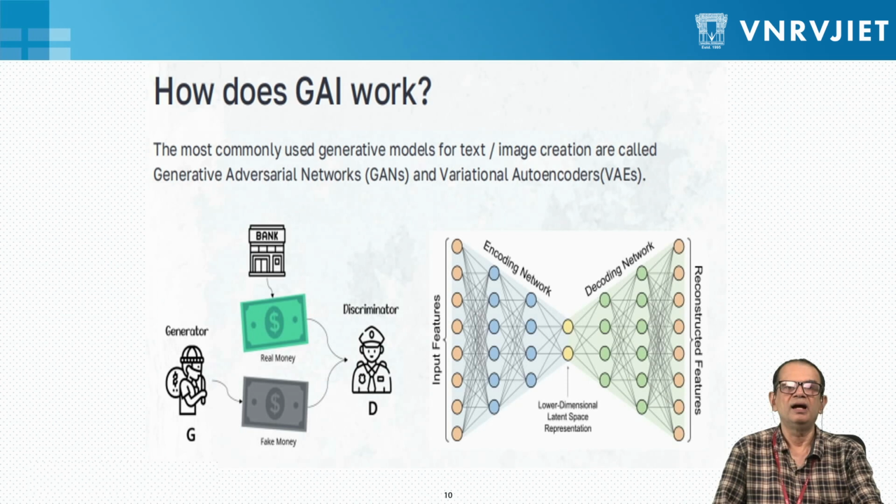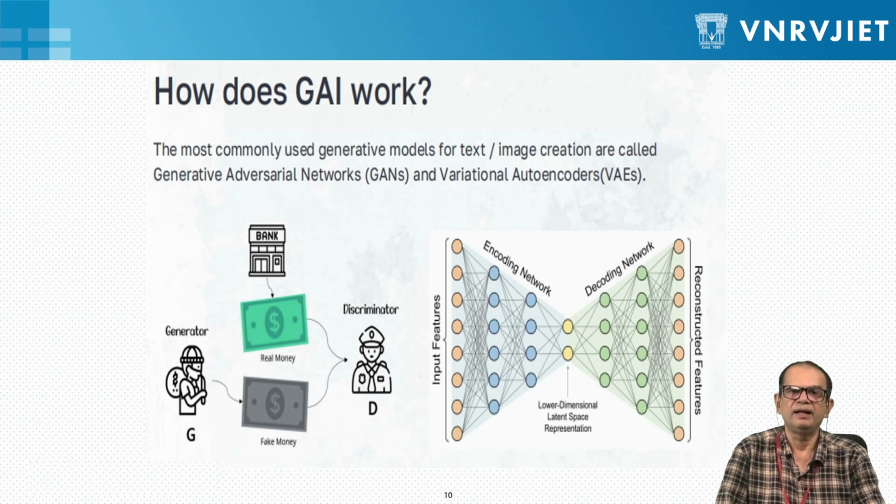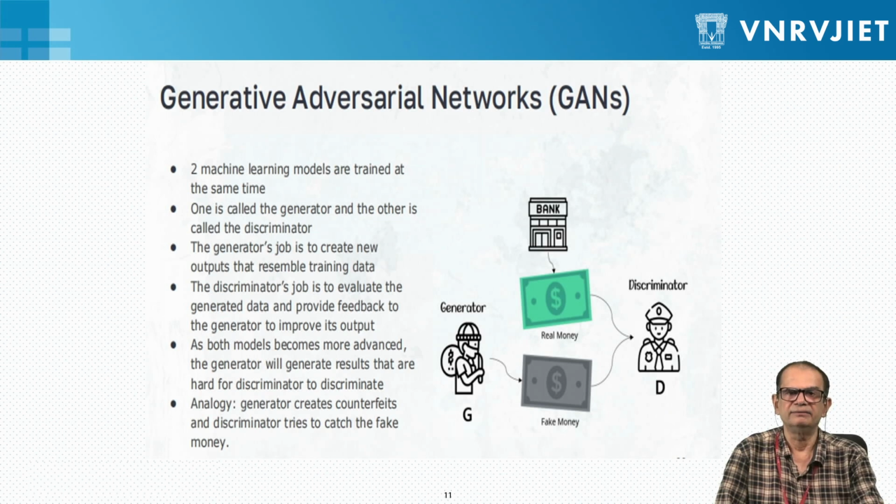Now, how really does it work? One of the architectures that we have is the GAN, the generative adversarial network architecture, and the other architecture which you have is the VAE, that is the variational autoencoders. Now, let me talk to you about the GAN architecture. What do we really do here?